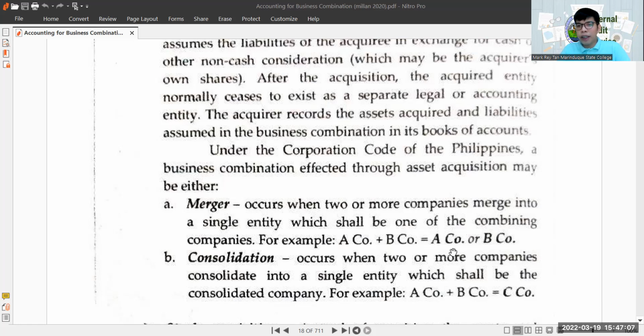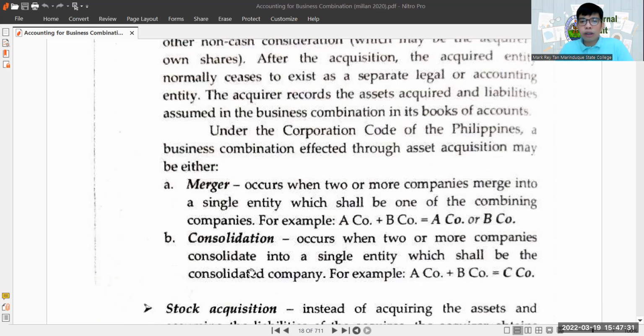So if dito si A company ang magiging sagot dito, ibig sabihin siya yung acquirer and then si B company siya yung acquiree, in which since yung assets and liabilities are already bought by the acquirer, so magsicease to exist na yung binili. And so that's how it goes.